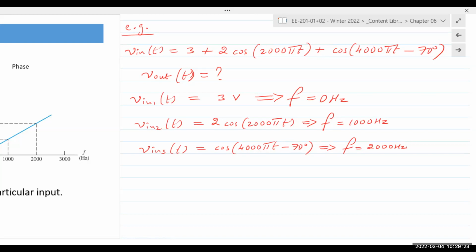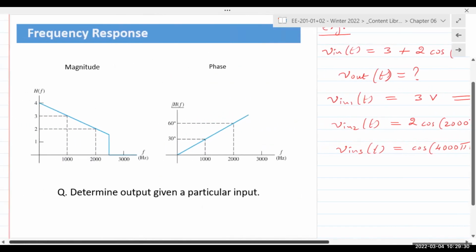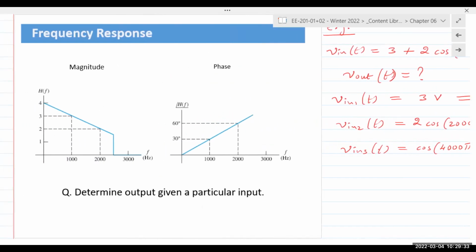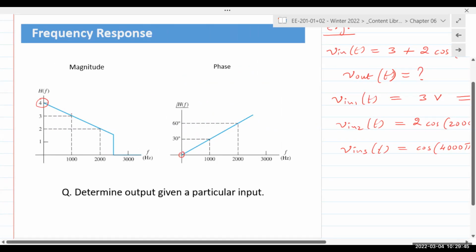Now that we have the frequency information, we go over to the plots that are provided to us, and we find the magnitude and the phase at each frequency. At 0, magnitude is 4, phase angle is 0. At 1000, magnitude is 3, phase angle is 30. At 2000, magnitude of 2, phase of 60.